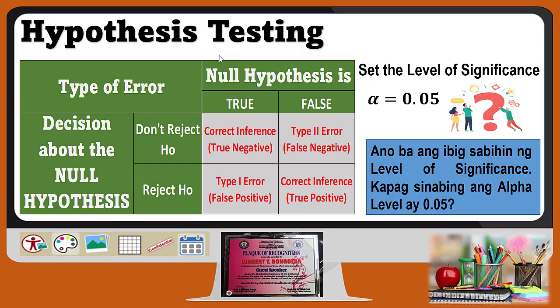Alright, so in a hypothesis testing or in a court's decision, this involves the actual verdict. The decision might only be true or false, or convicted or not. So the same thing with this one. The type 1 error is the rejection of the null hypothesis when it is true.